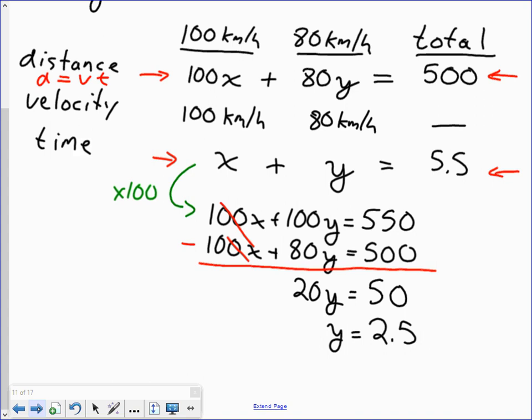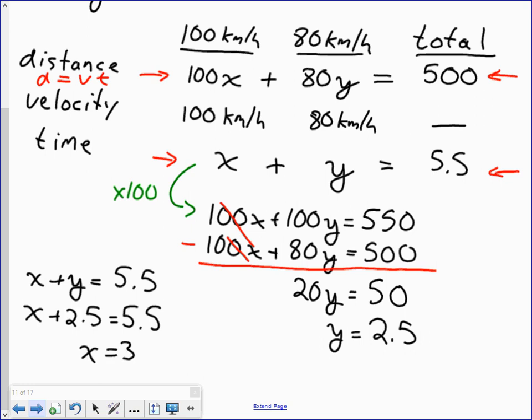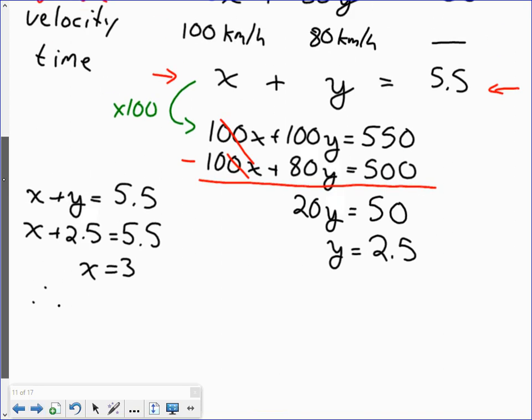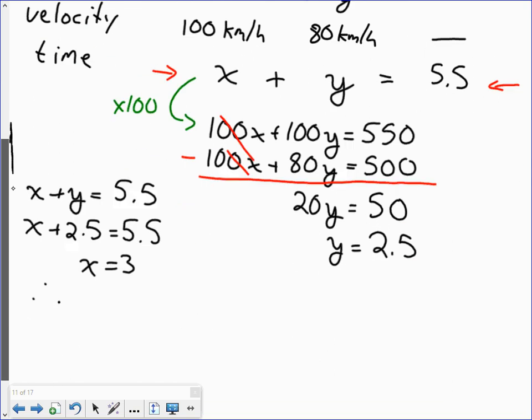To get our value for x, we are just going to take this equation, x plus y equals 5.5. We're going to sub in our value for y, and we're going to do that subtraction. Subtract 2.5 from both sides. We get that x is equal to 3. So we can sum it all up. x is the time at 100 kilometers an hour.